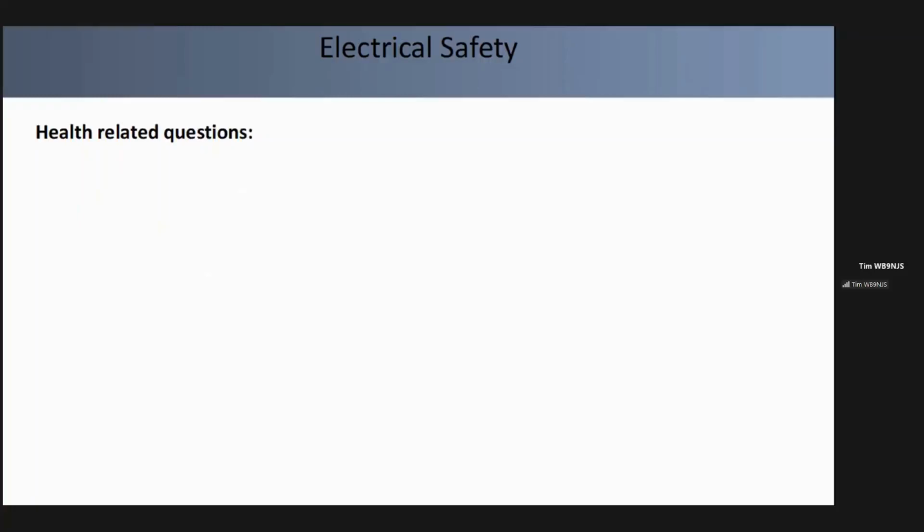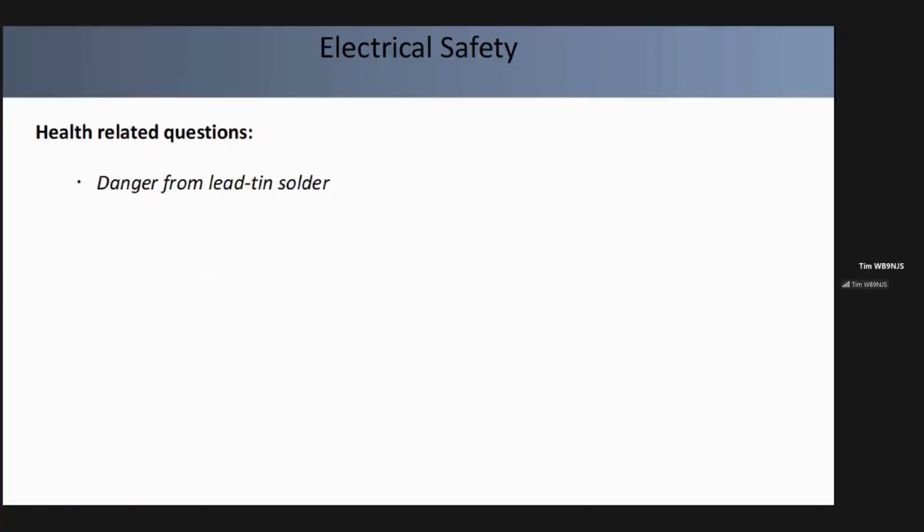There are two health-related questions in the question pool, and we'll just cover those on their own. The first question I asked is about the dangers from lead tin solder. For years and years, that's been the standard alloy for solder, 60/40 or various combinations.